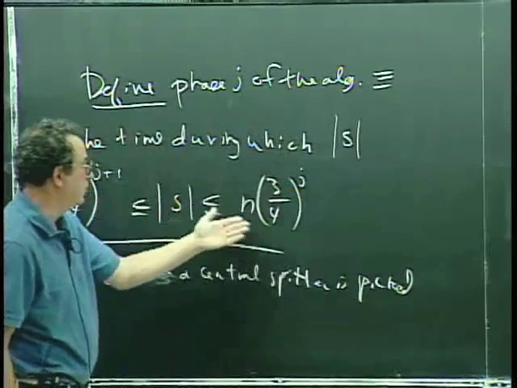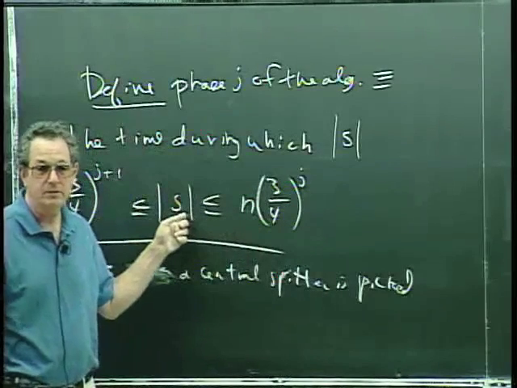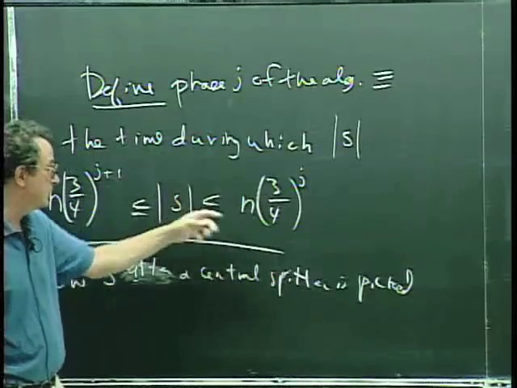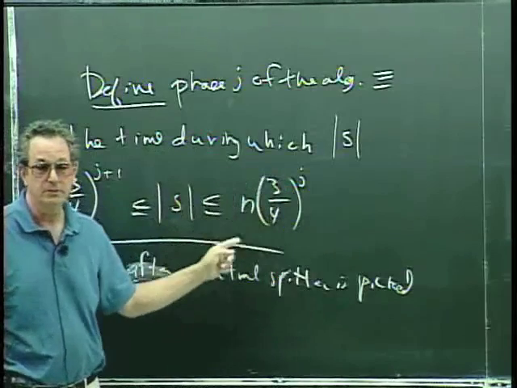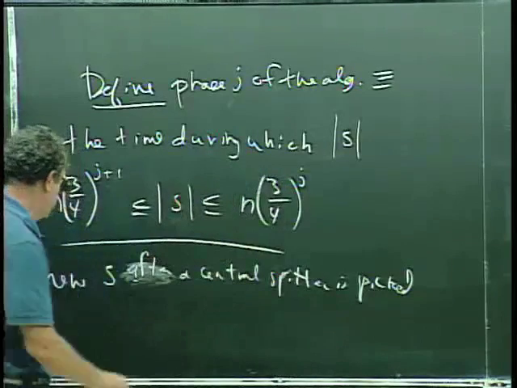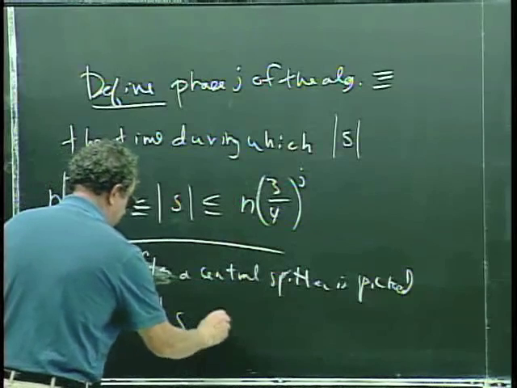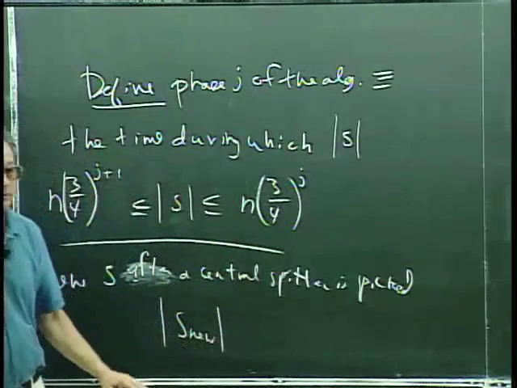It can be at most 3/4 of what S was. That's how big it can be. S was at most this. So the new S, I'll call this S new, what can you say about its size?